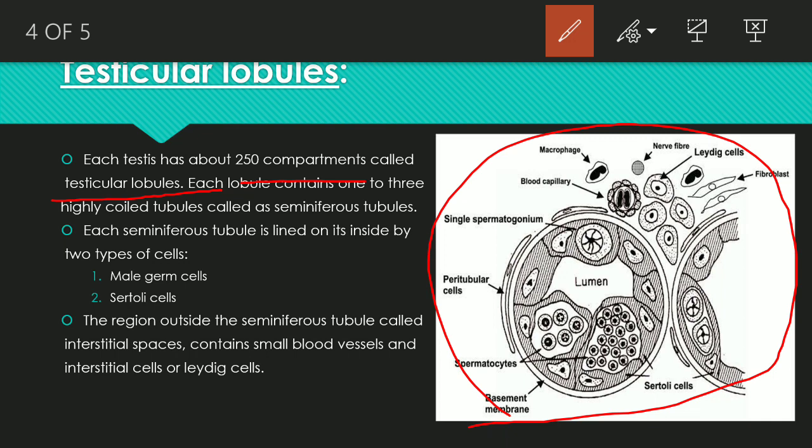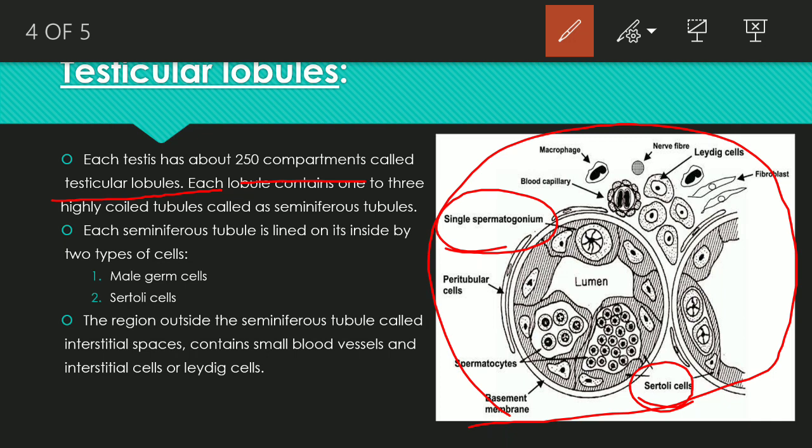Each seminiferous tubule is lined on inside by two types of cells. These are male germ cell or spermatogonium and Sertoli cells.